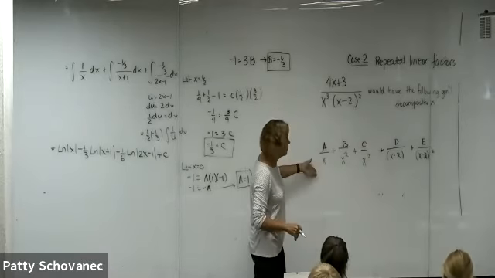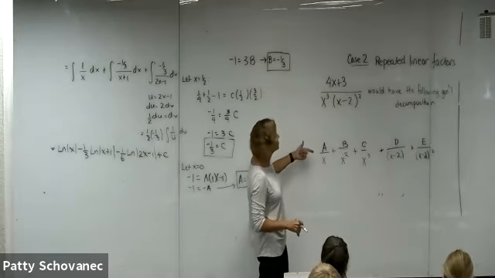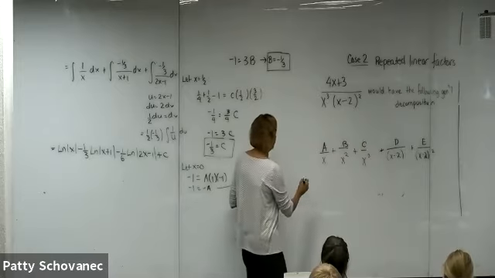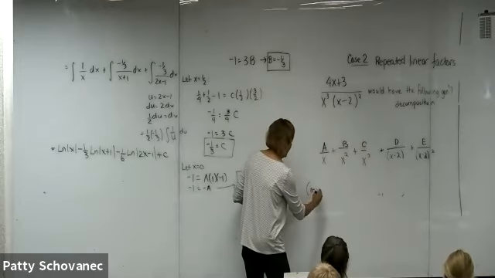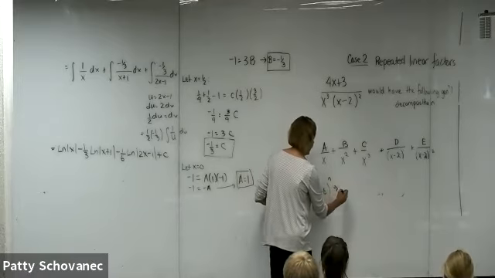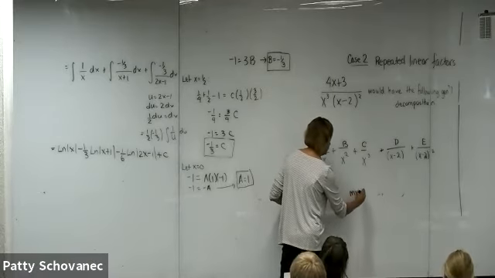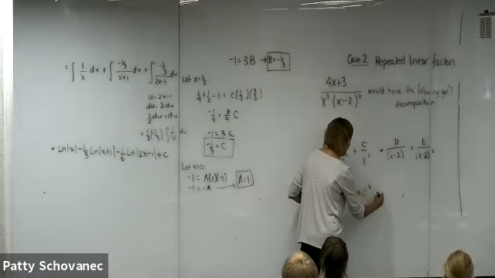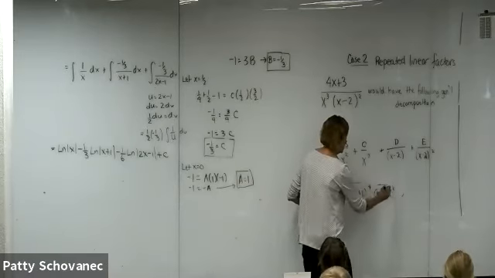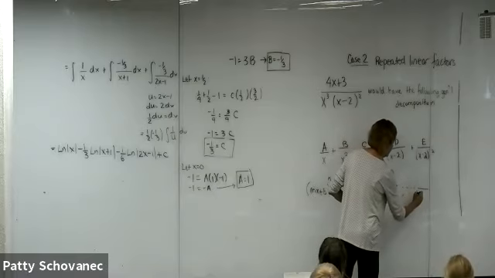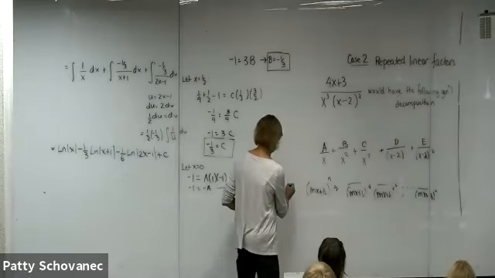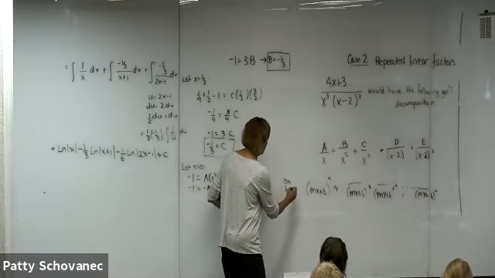Okay, but this would be a real long problem, so we're not going to do that. I just wanted to illustrate the repeated linear factor rule. So if you have something that looks like mx plus b to a power of n, then you have to have an mx plus b plus an mx plus b squared plus all the way out to mx plus b to the n.